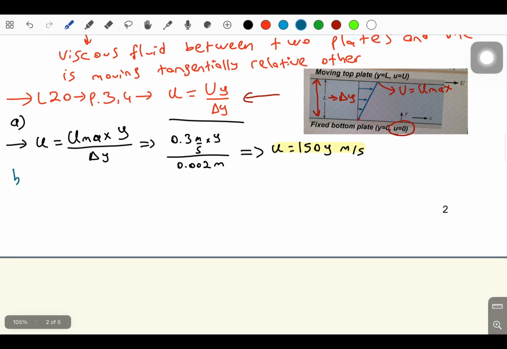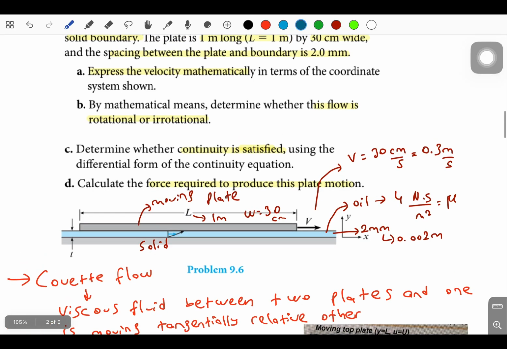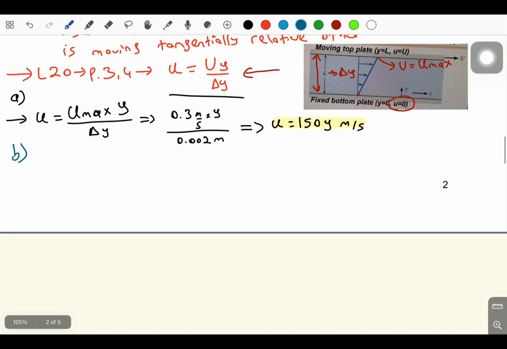In question B, it is asking if the flow is rotational or irrotational. You may remember from our previous slides that for irrotational flow, we need to satisfy this relationship: the partial derivative of u with respect to y is equal to the partial derivative of v with respect to x.